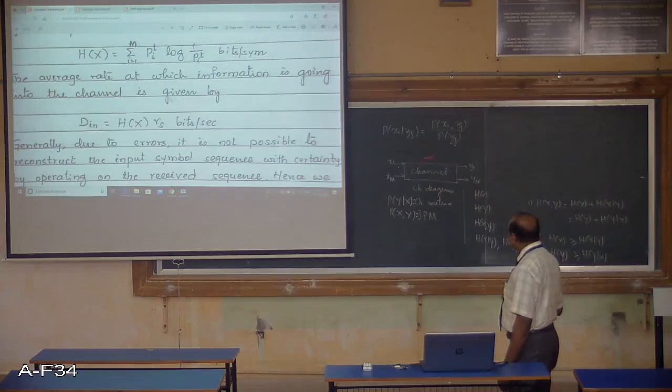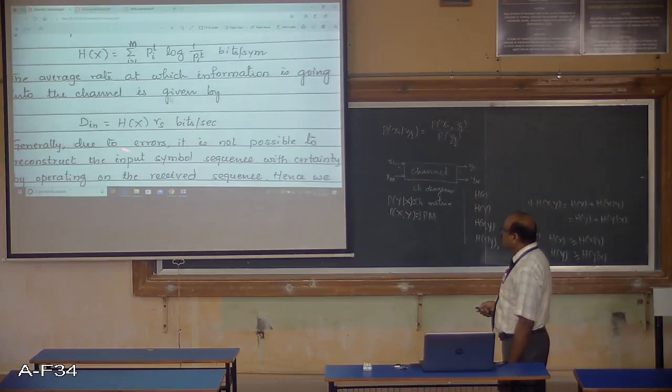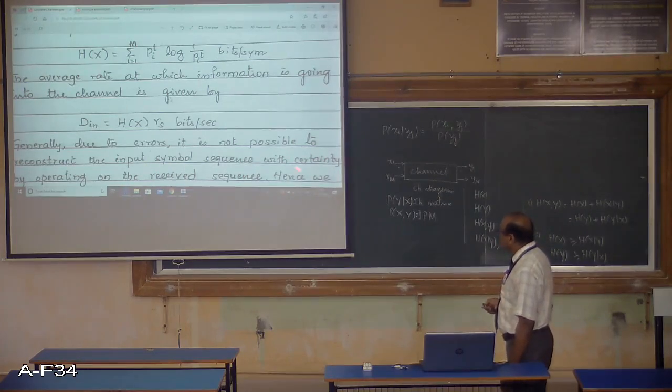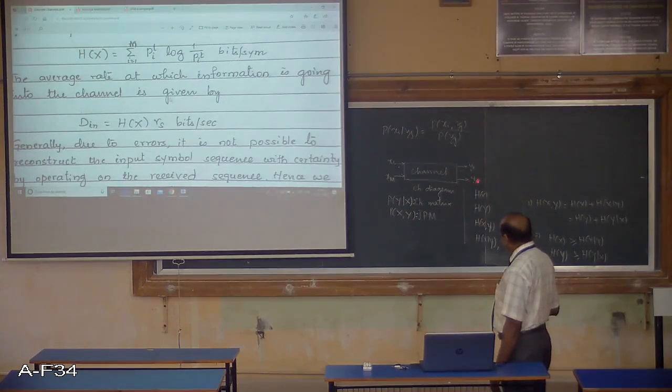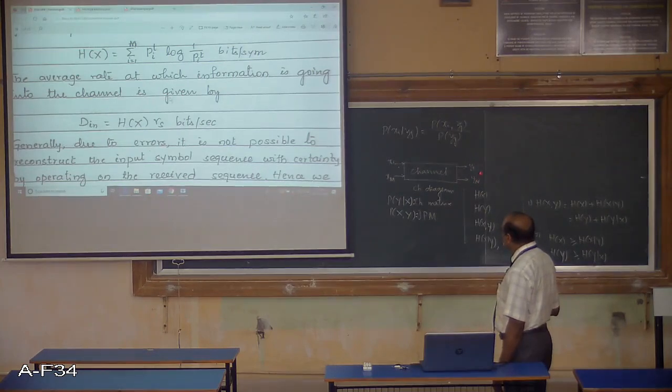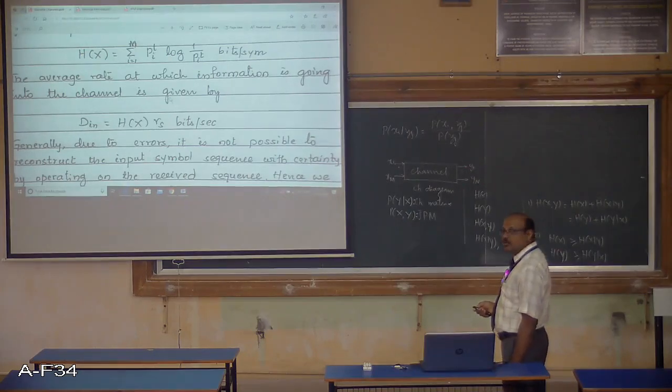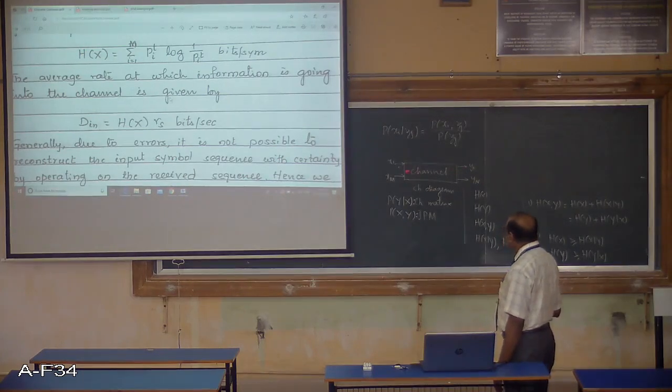And this channel has its own behavior, and because of its behavior, there can be a possibility of errors. Generally, due to errors, it is not possible to reconstruct the input symbol sequence with 100% certainty. We can certainly reconstruct the original information at the output if the channel is ideal, that is, if there are no errors in the channel.